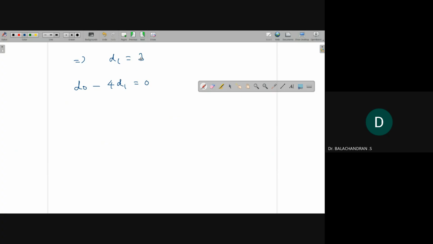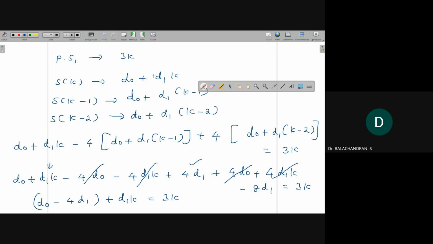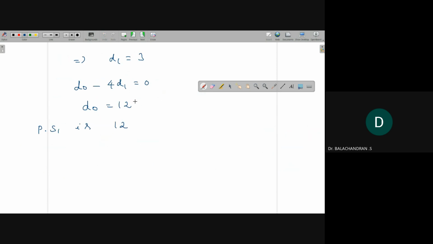So d1 equal to 3 means d0 equal to 12. So now the particular solution 1 is d0, which is 12, plus d1k, d1 is 3k. So first we will verify it. 12 plus 3k. Yes, look at here.